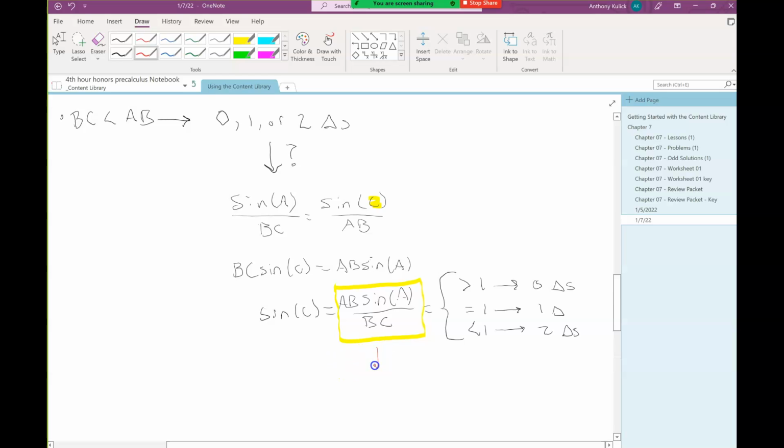Now, the way I like to think about this is really just, it's the longer side times sine of the given angle divided by the shorter side. That to me is a heck of a lot easier to remember than the other formula with the A's and B's and all that in it, right?